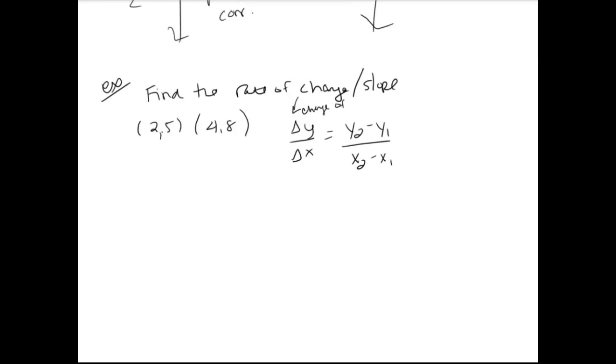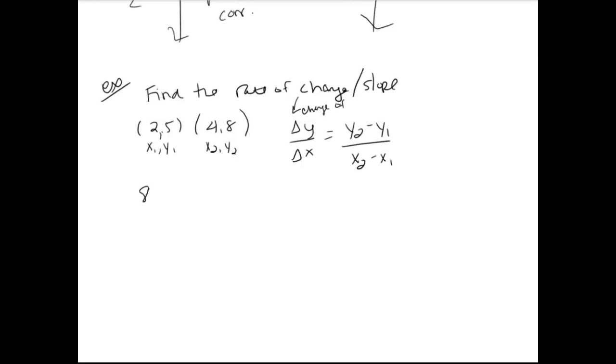And remember that those stood for the first point and then the second point, because remember, it's always in x comma y form. So for your first point, x1 would be 2 and y1 would be 5. And then in your second point, 4 would be your x2 and 8 would be your y2. Okay, so then you just have to grab the appropriate numbers and place them.